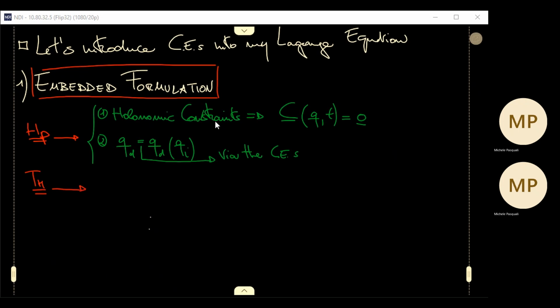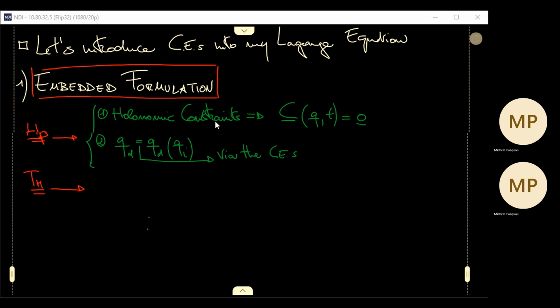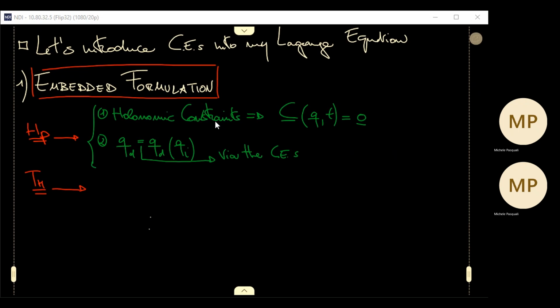We have that in turn, what we get is a system of differential equations in the Qs. So we can say that we get a system of differential equations in the Qi.